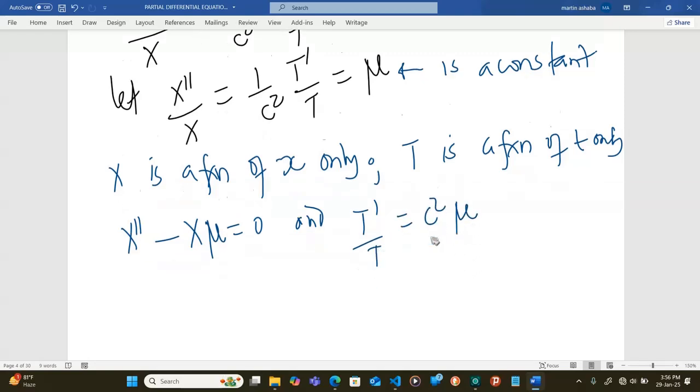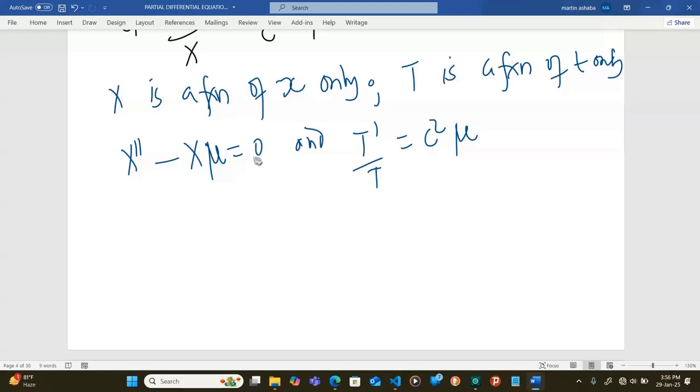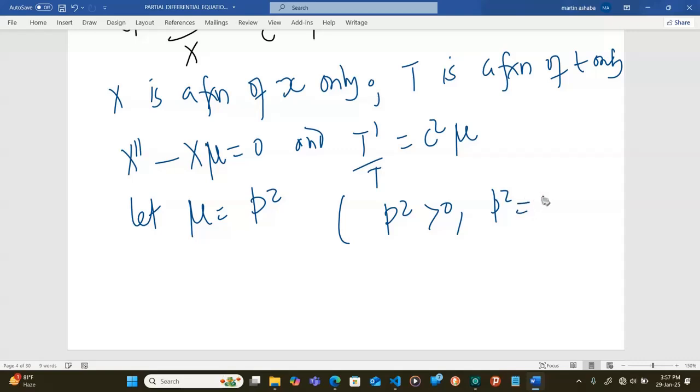But for us to simplify this problem, let nu equal p squared, and then you substitute it in here. You are going to get solutions where p squared is greater than 0 and p squared is equal to 0.